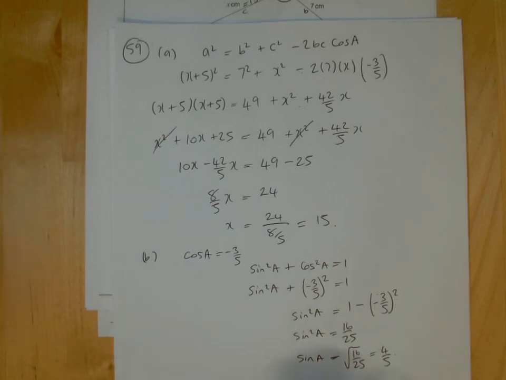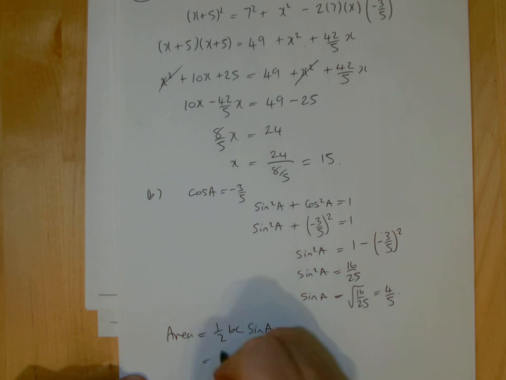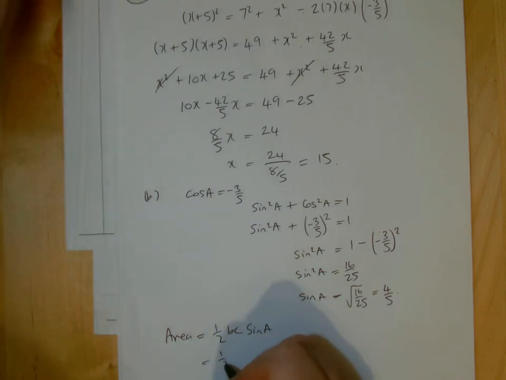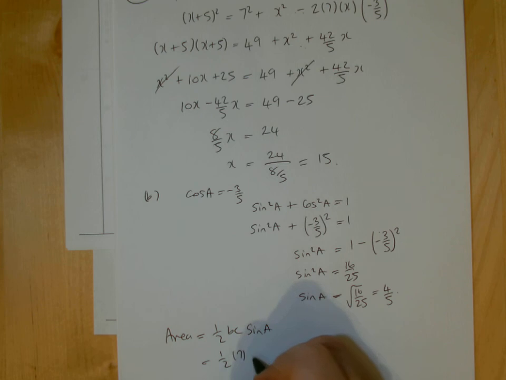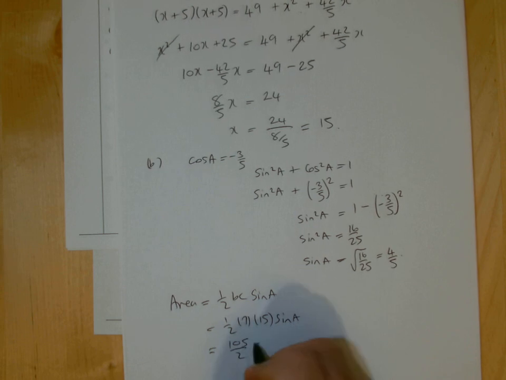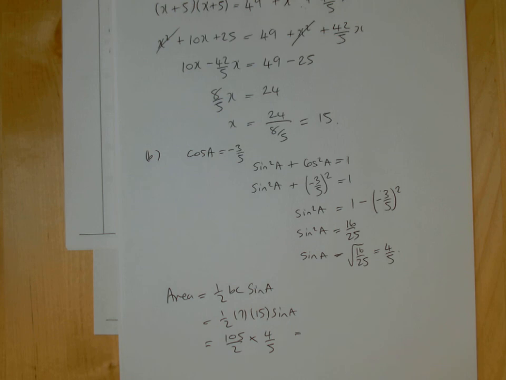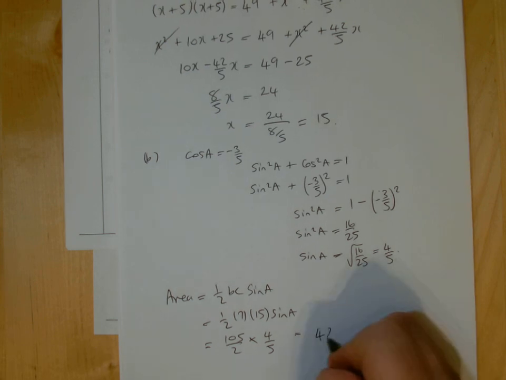So quite simply then, the area equals half bc sine A. Go back to the diagram, b is 7, c we worked out to be 15, and sine of A is 4 over 5. Working this out on my calculator, 0.5 times 7 times 15 comes to 105 over 2, and sine A is 4 over 5. So I get my total area to be 42.